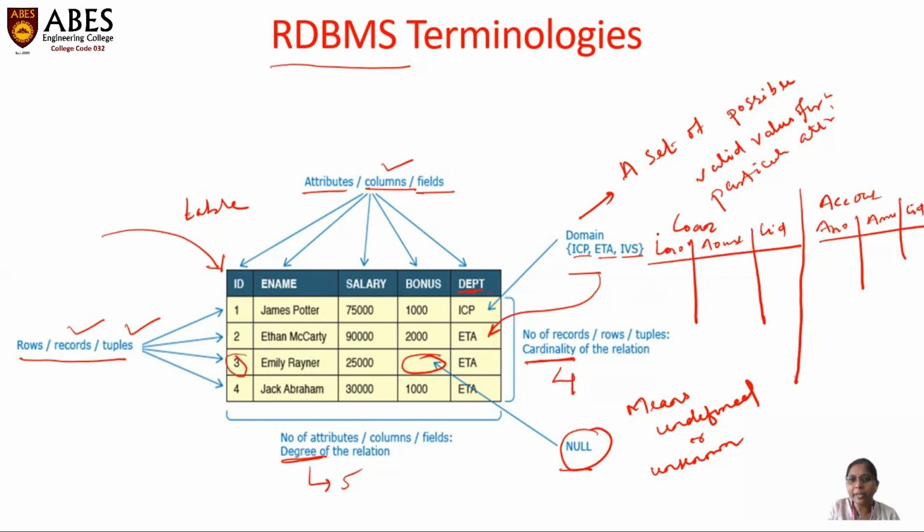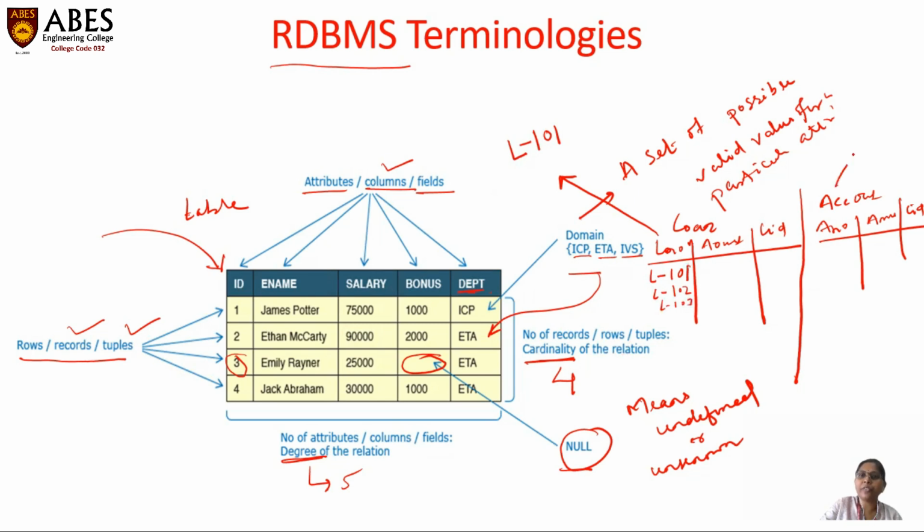Suppose we have defined the domain of this loan number will be, it must start with a capital letter L hyphen then digit. So this loan attribute must include the loan number values like L-101, L-102, L-103.